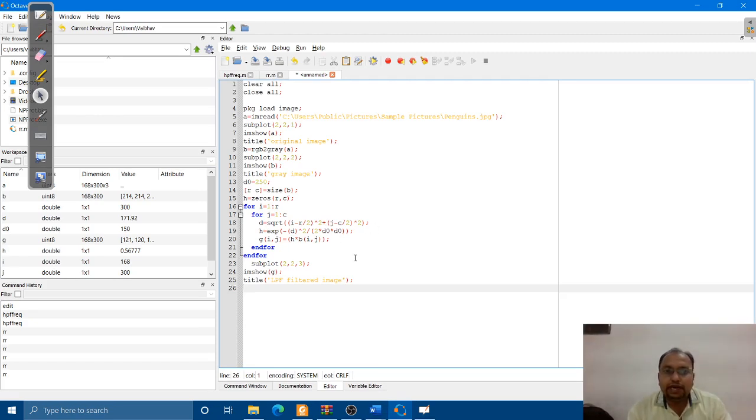So this is nothing but my Gaussian low pass filter, sorry.